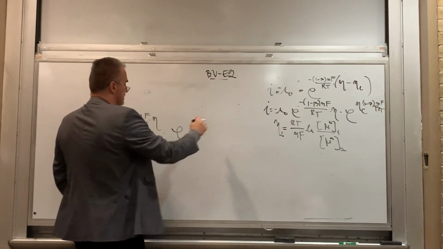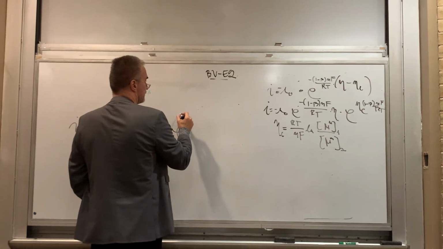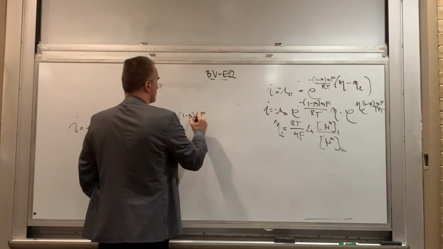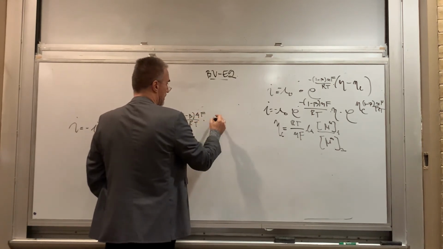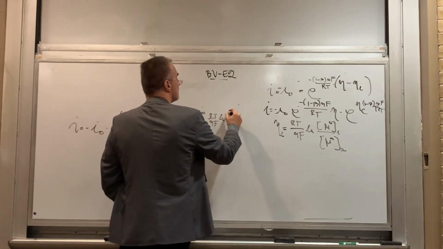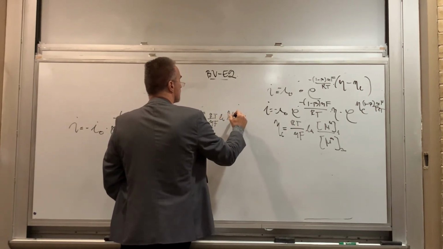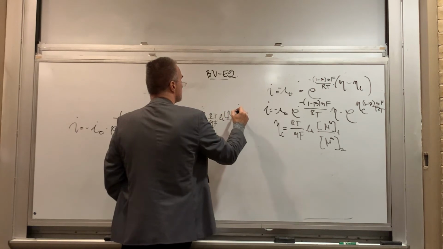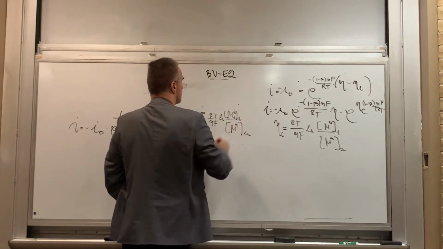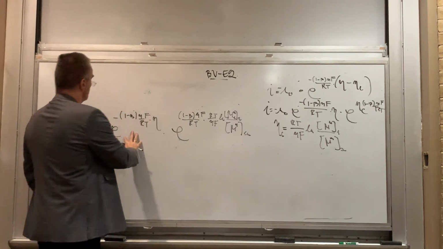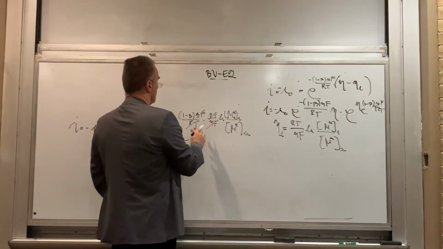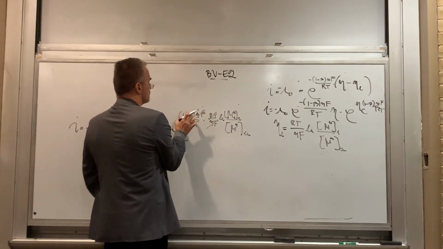And so when I put this here, it's going to be 1 minus beta nF over RT multiplying RT over nF, and then ln, and then metal concentration at the interface over metal concentration in the bottom, right? And this thing you know already, and here we have to get rid of this and that. And then what we have left is this 1 minus beta.